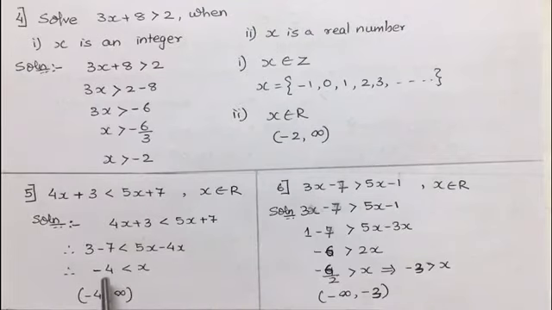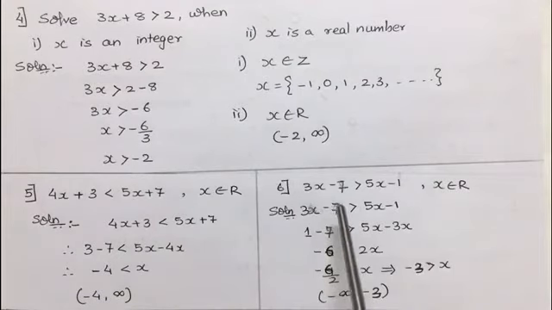This indicates that x is greater than minus 4. So x is taking all the numbers towards the right hand side of minus 4. So minus 4 will be taken in an open interval, as the equality sign is not there, till infinity, because x is taking values greater than minus 4.